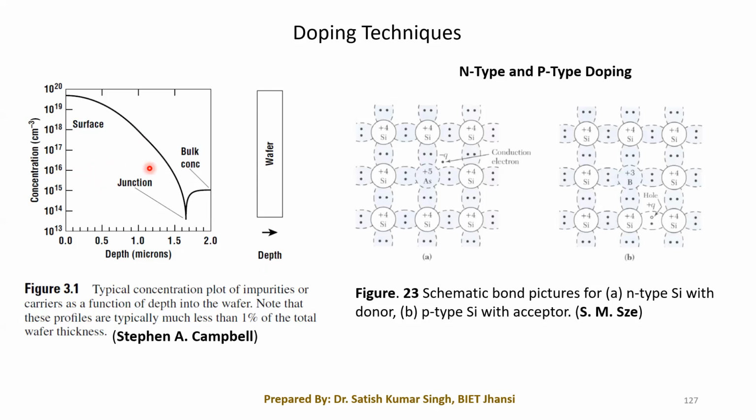Just remember that we generally have a very thick wafer, and when we go for the doping process, the depth of the junction, or the depth of penetration of the dopant impurity atoms, is very small. It is just about 1% of the total wafer thickness, of the order of microns, like 1 or 2 microns maximum. So that depth will not be very high.